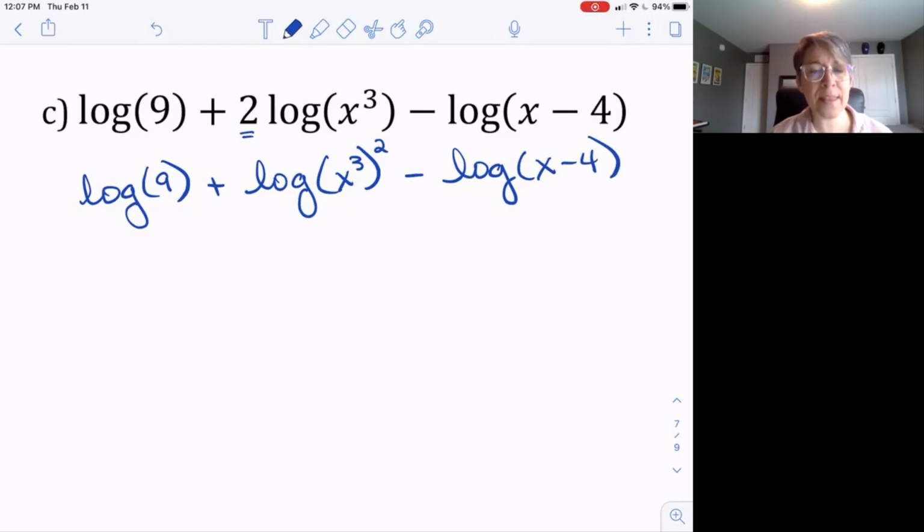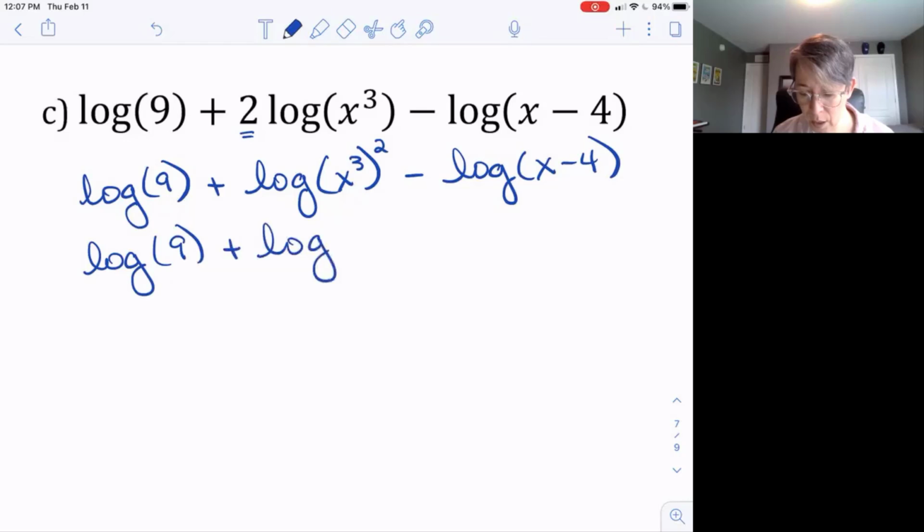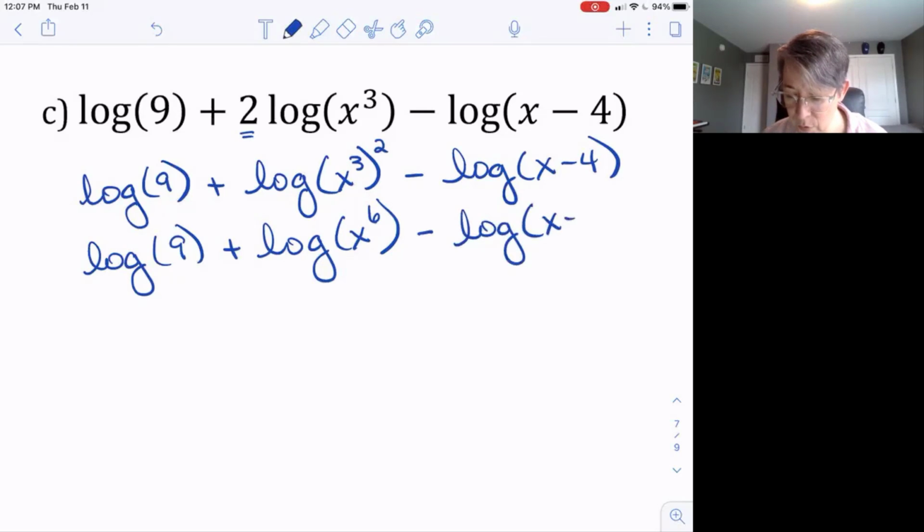We can simplify that x cubed being squared. So we get common log of 9 plus the common log of x to the 6th. Remember, power to a power, we multiply, minus the common log of x minus 4. Remember, we cannot distribute a logarithm, so that x minus 4 is stuck. It doesn't change to multiplication or get spread out.